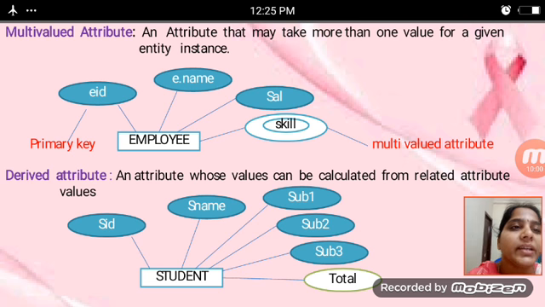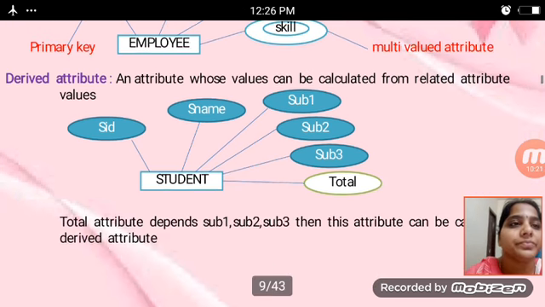Skill is a double rectangle symbol, a multi-valued attribute. One employee has one ID, one name, one salary, but skills are more than one. ID is a primary key. That's why we call it a multi-valued attribute. This is an example.